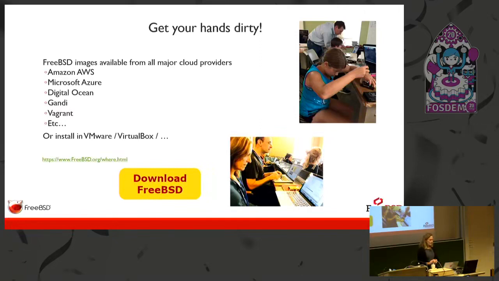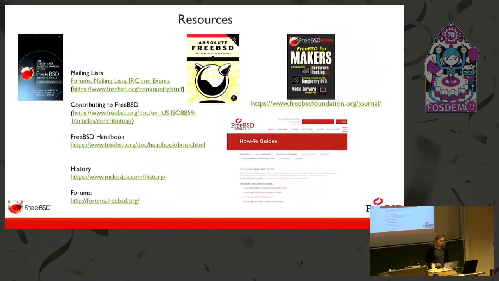Or we also have how-to guides on our website. The FreeBSDFoundation.org website does have how-to guides. So if you want to just install FreeBSD like I'm doing on my other computer, then we have a guide for that. And then this last one, I think the slide will disappear. But these are some of the main resources that I use and most people will use for getting more information about FreeBSD.